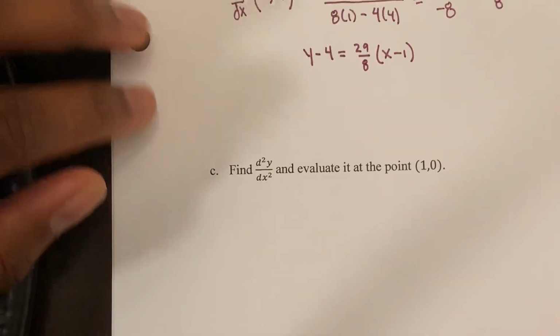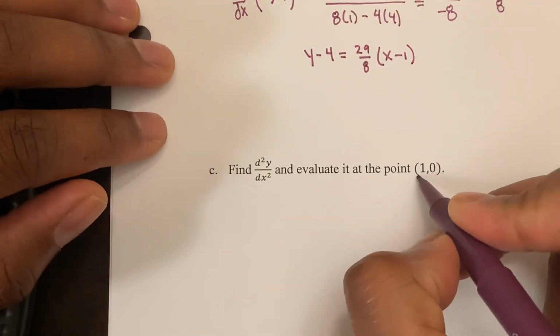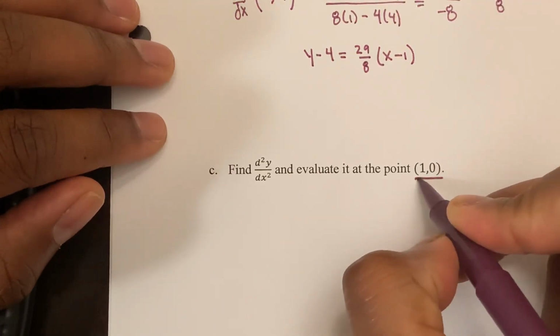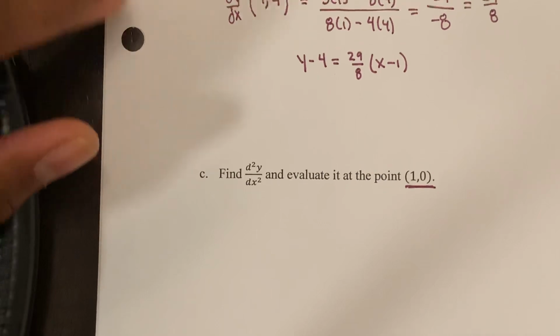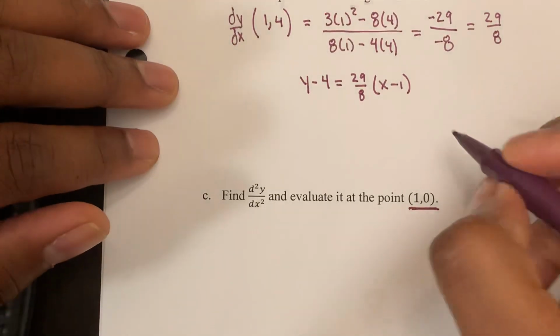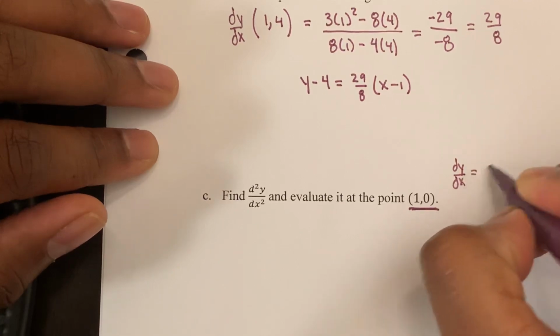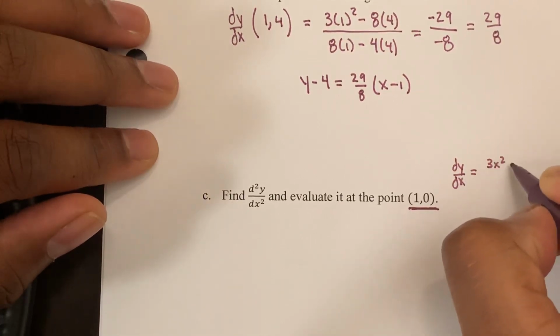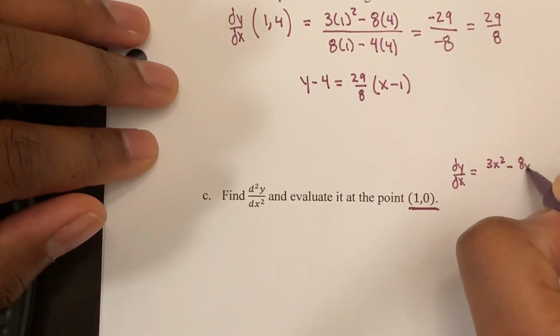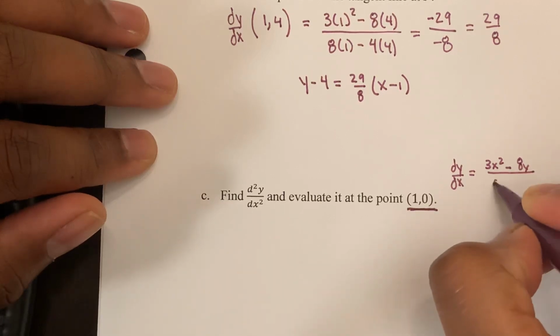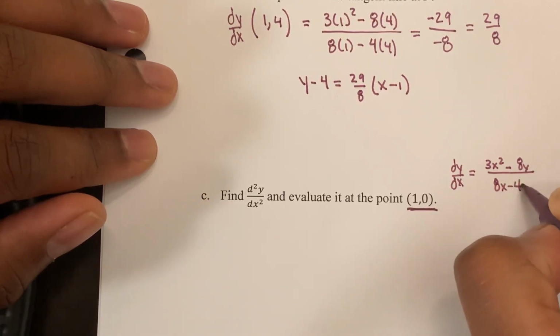For part C, we have to find the second derivative and evaluate it at the point 1, 0. Recall that we started out with dy over dx is equal to 3x squared minus 8y over 8x minus 4y.